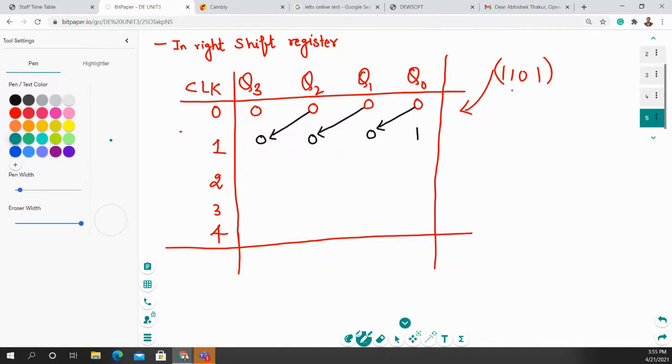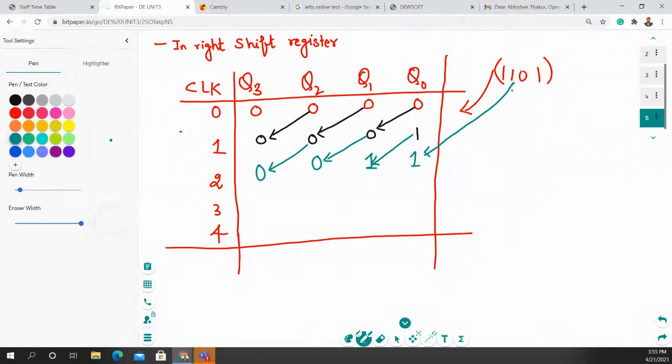What is the next input? Next input is this one. You have to take this one as an input. Now you have to shift this bit, so this is again shifted toward this side.